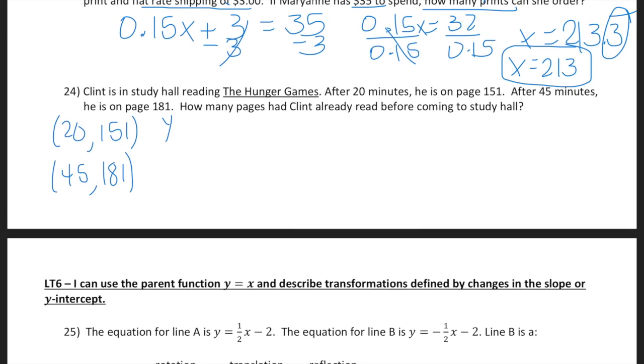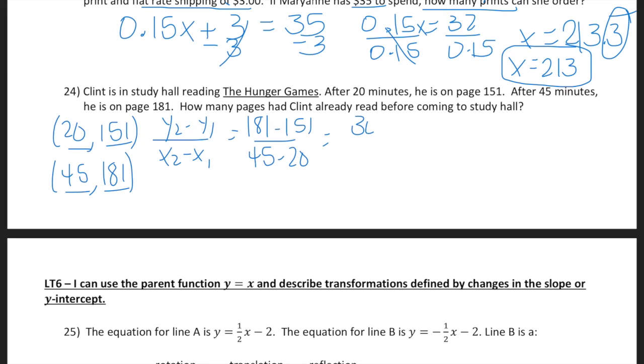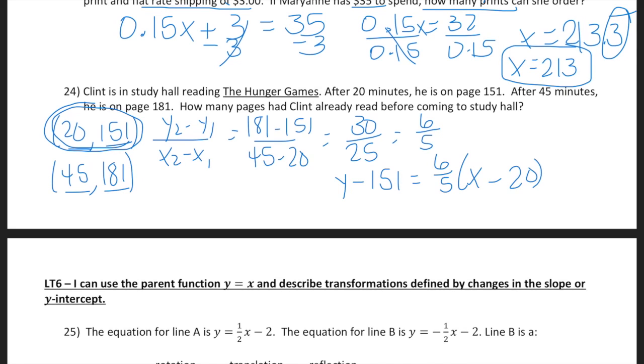So slope, 181 minus 151 over 45 minus 20. That gives me 30 over 25, which gives me 6/5. I'll use the point with the smaller numbers. So y minus y1 equals m times x minus x1.